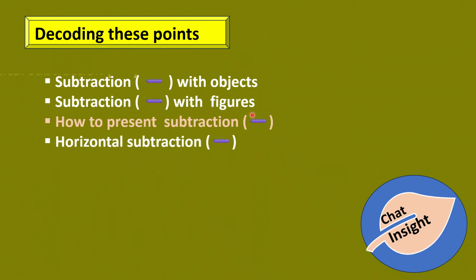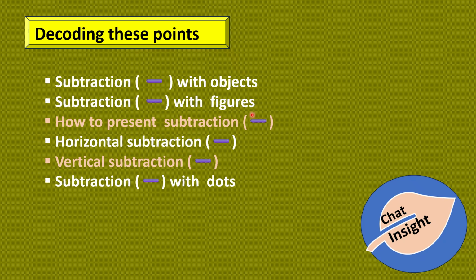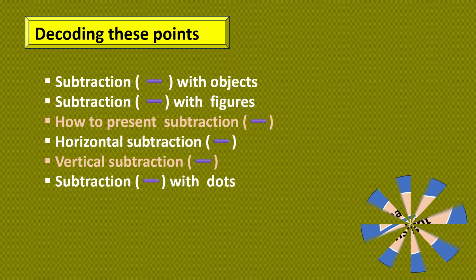Horizontal subtraction. Next one, vertical subtraction. And the last one is subtraction with dots. Clear? In this bracket, these whole are a symbol of subtraction. We will understand that further.